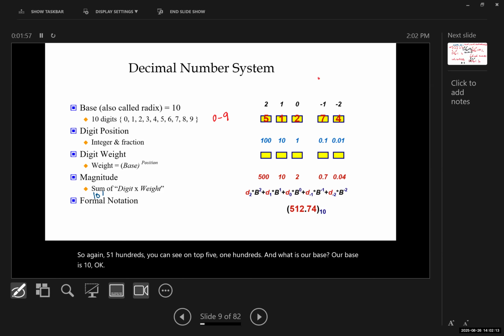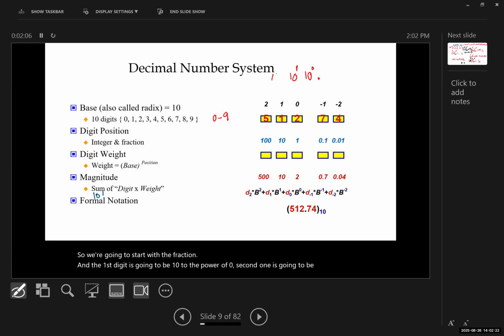So we're going to start with the integer part. The first digit is going to be 10 in the power of 0. Second one is going to be 10 in the power of 1. Third one is going to be 10 in the power of 2.